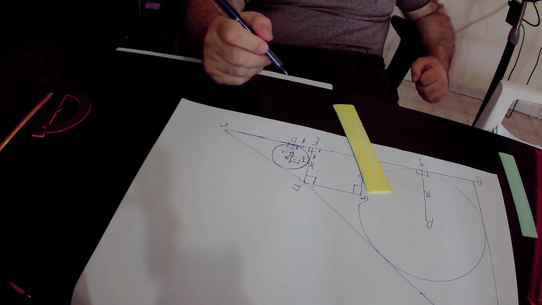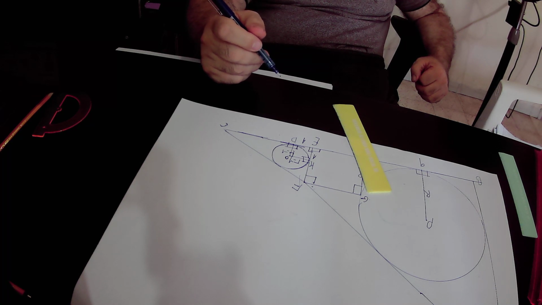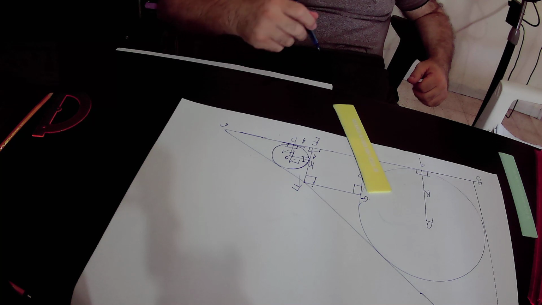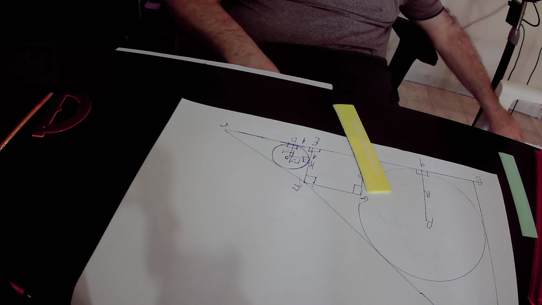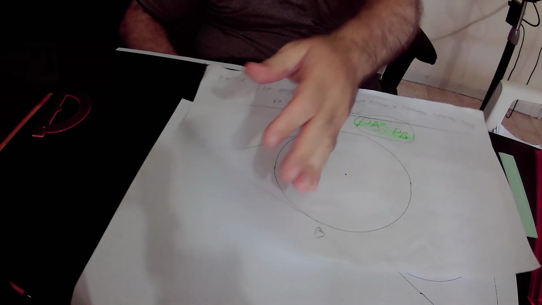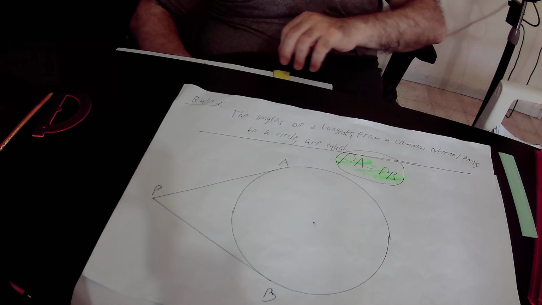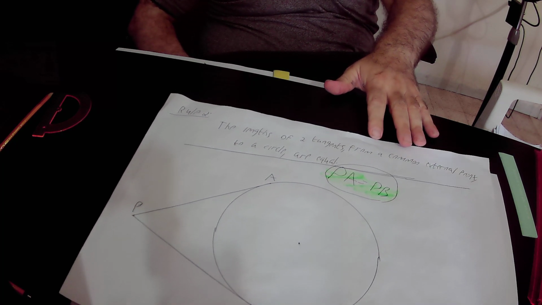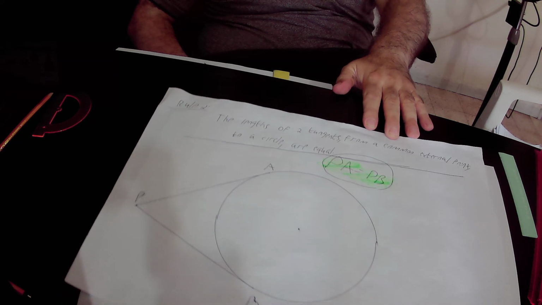So here, in the next step, I will present to you rule number 2. According to rule number 2, the lengths of two tangents from a common external point to a circle are equal.